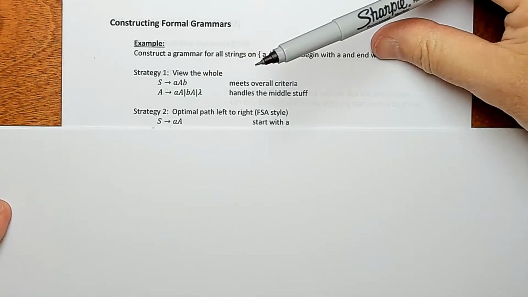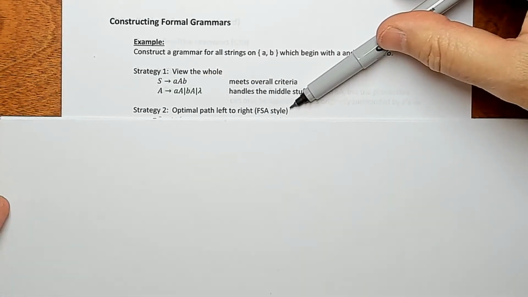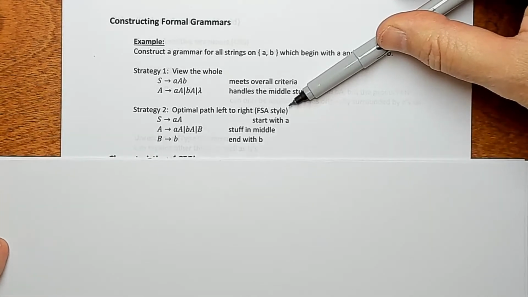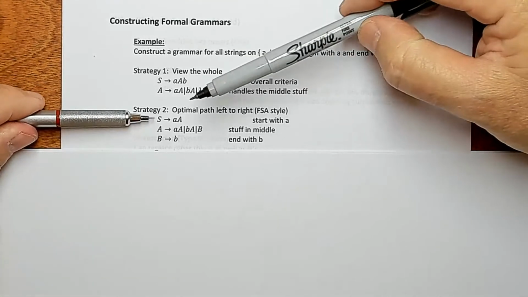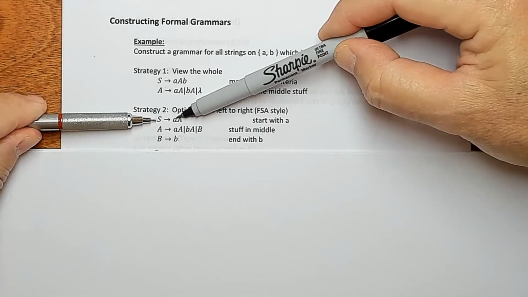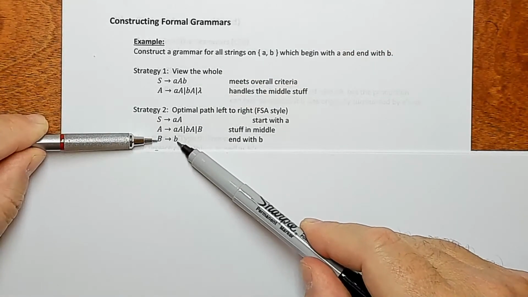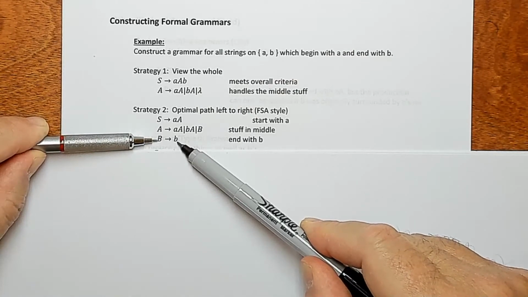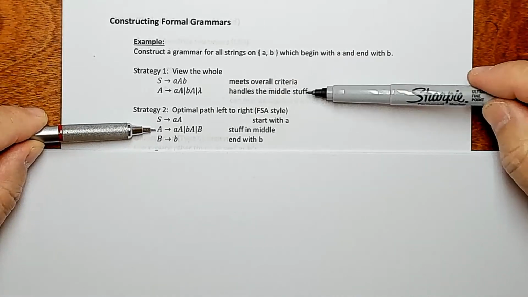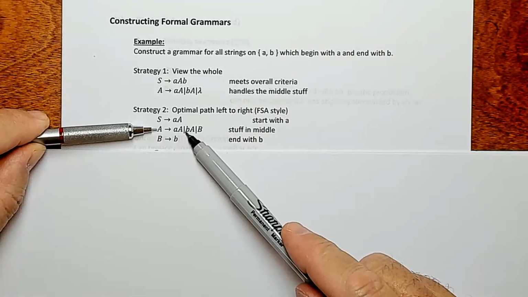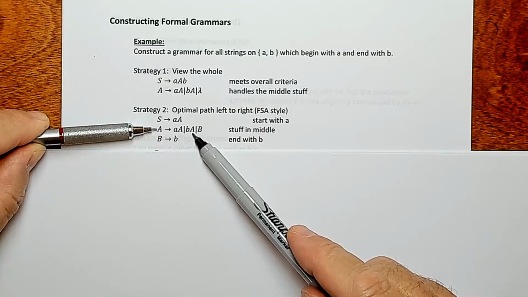Another way is this optimal path, kind of like you might generate a finite state acceptor. Start off with the little a that you need at the beginning, and then terminate with the little b you need at the end. Then modify the say-anything stuff by making sure that you can't terminate in an a.